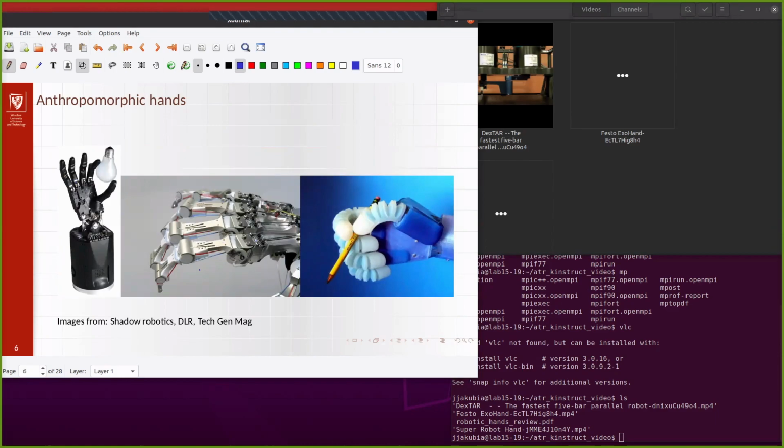Okay, so those are the examples, to the left, Shadow Robotics and DLR, just the top solutions that we have industrially available. But you can also find other options. For example, TICGen has a proposition of solutions with completely elastic fingers.